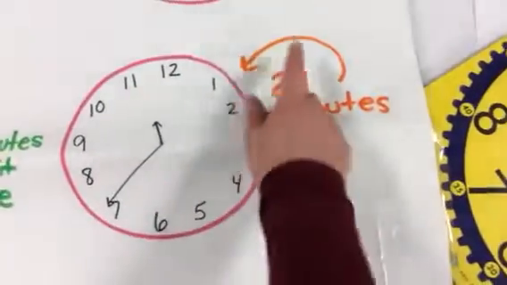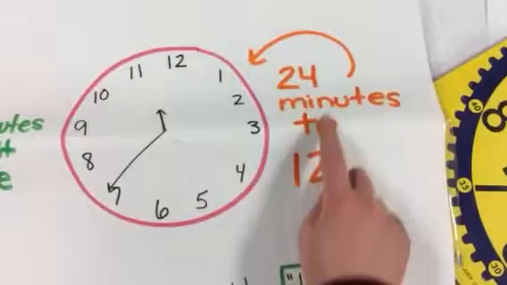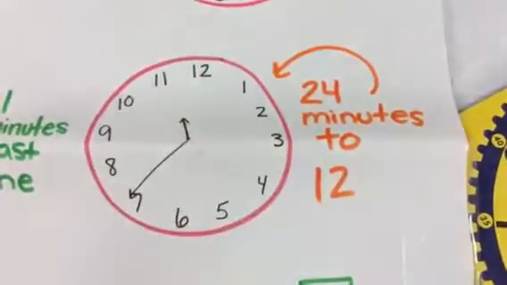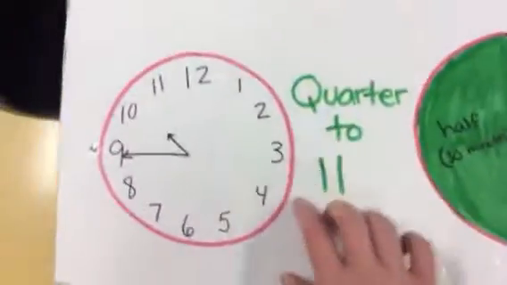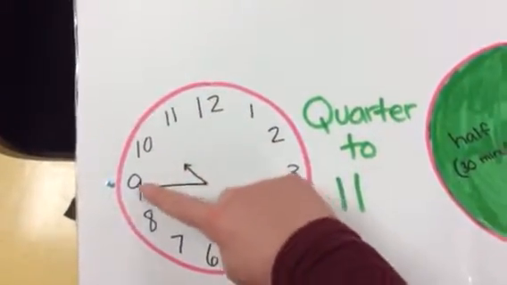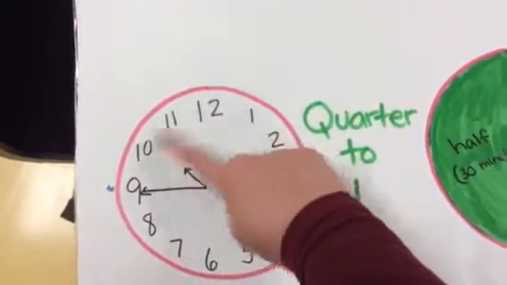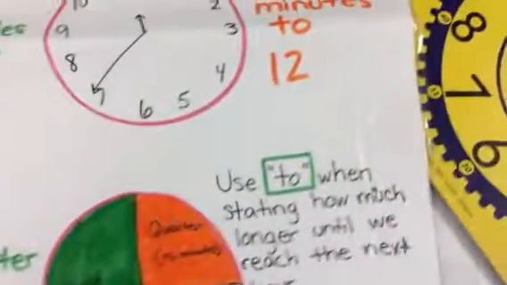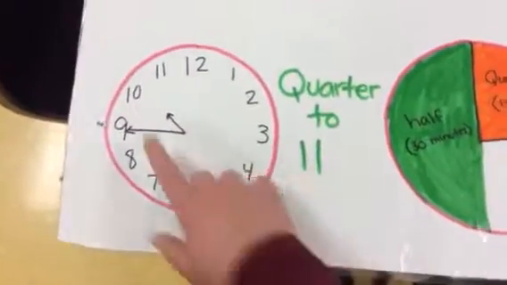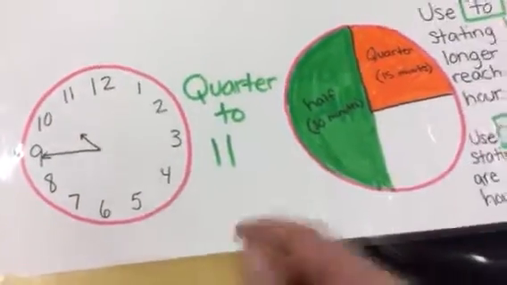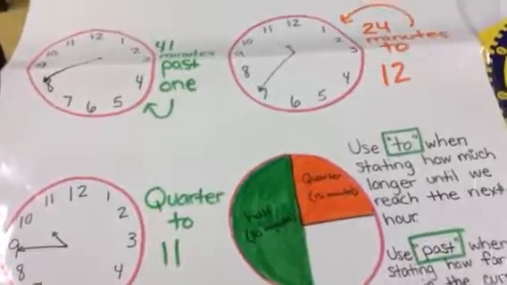This one, 24 minutes to 12, or 24 minutes till 12 o'clock. Quarter until 11. It's 1/4 of 15 minutes, a quarter until I get to 11. Okay, this last one, quarter till 11. 15 minutes till I get to 11. So, a lot of times we can use these terms to describe time.